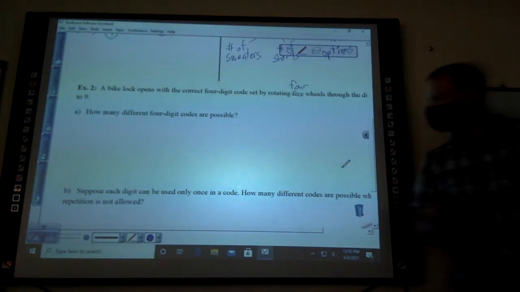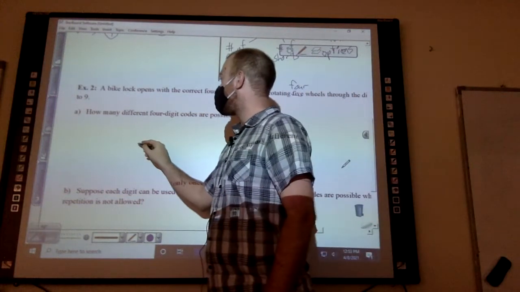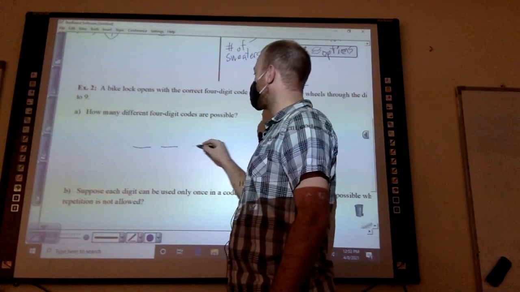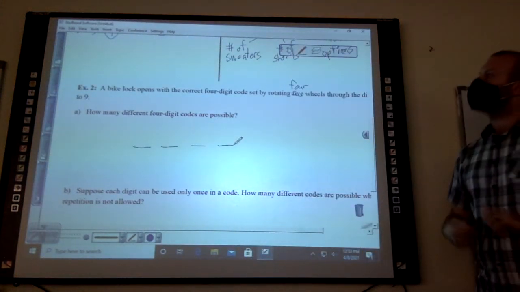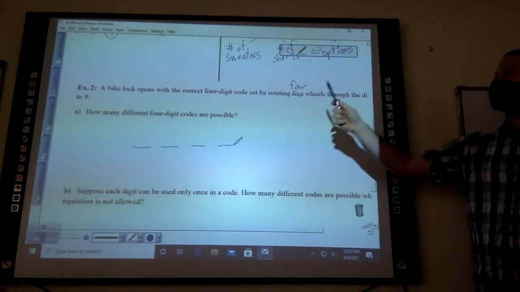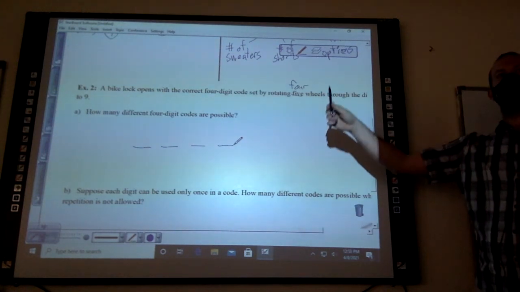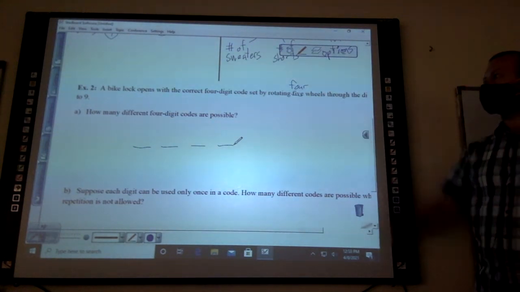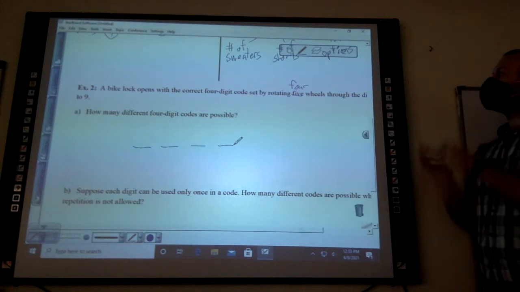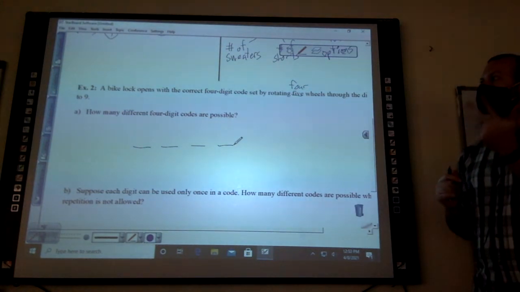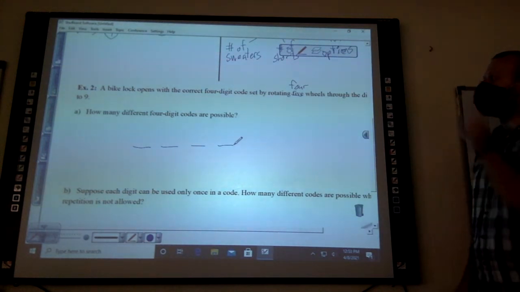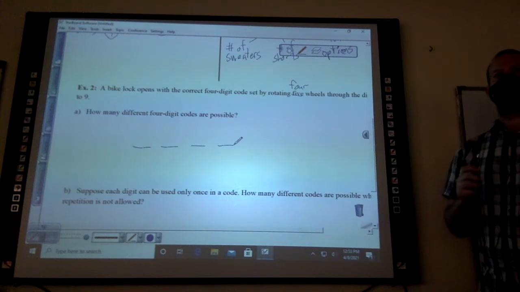For this code, I've got 4 different digits that I want to pick. We want to look at how many options I have for the first number, how many for the second, how many for the third, how many for the fourth. If I've got the numbers from 0 to 9, I've got 10 different options for each of these.